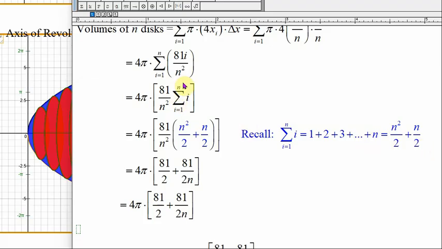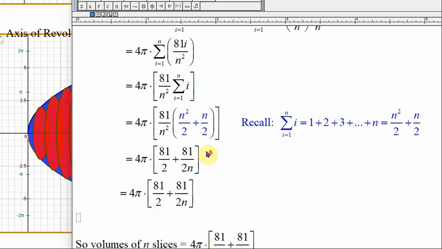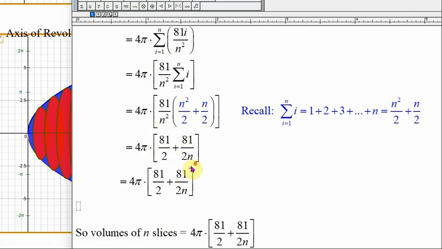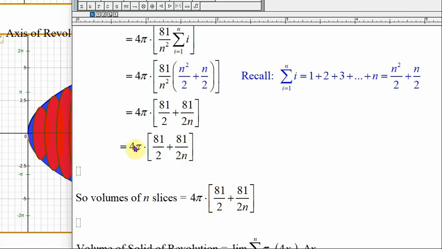And therefore this sum right here is n squared over 2 plus n over 2. Then simplifying, we get 81 over 2 plus 81 over 2n. And so this is the volumes of n slices or n disks.